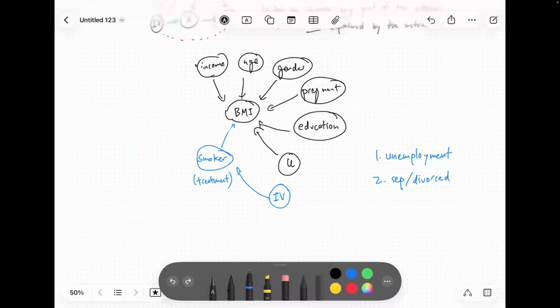Okay. What about this one? Cigarette tax. Okay, so could a tax on cigarettes affect how much you smoke? Probably, right? More expensive, you smoke less.